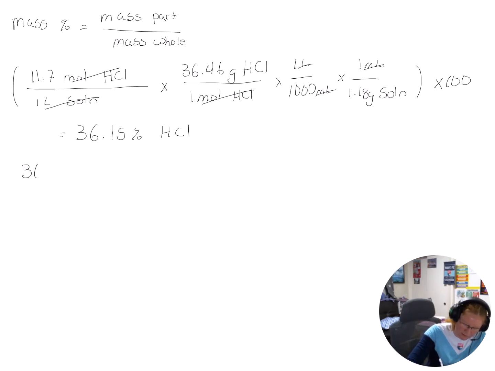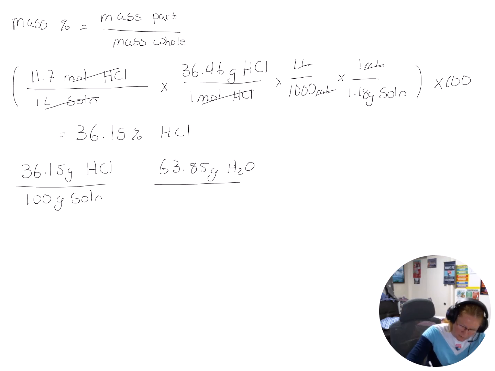Now that 36.15% tells me some stuff. It tells me I have 36.15 grams of hydrochloric acid for 100 grams of solution. It tells me that I have 63.85 grams of water for every 100 grams of solution, right? Because 100 minus 36.15 gives me the 63.85 because I have to add up to 100 to my whole.